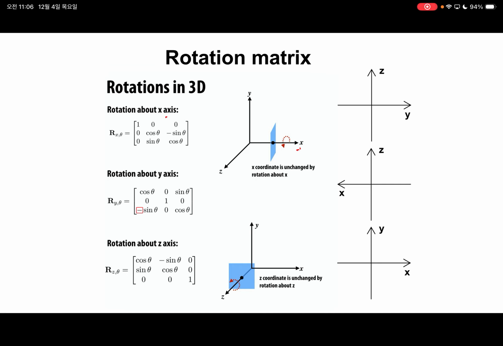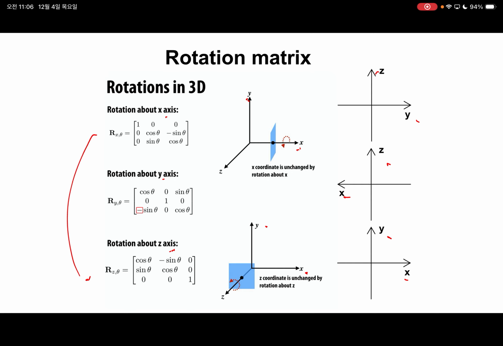So rotation about X-axis, this one. Then we are rotating on the YZ plane, right? This one, YZ plane. And rotation about Y-axis, we are trying to rotate this one. Then we are rotating in the XZ plane, right? And then rotation about Z-axis, we are now rotating on the XY plane, right? XY plane. And these represent 3D rotation for each axis.